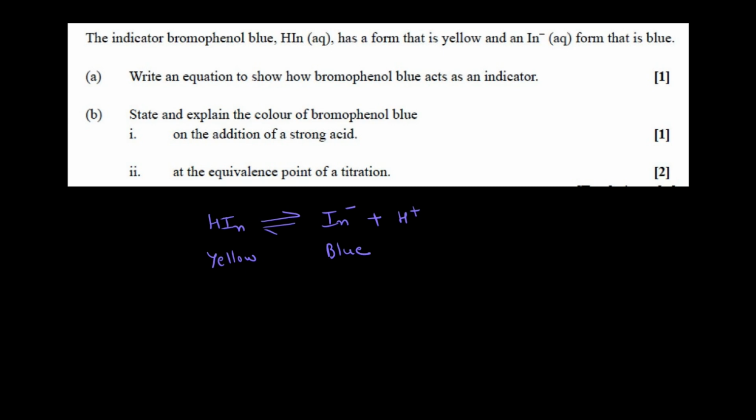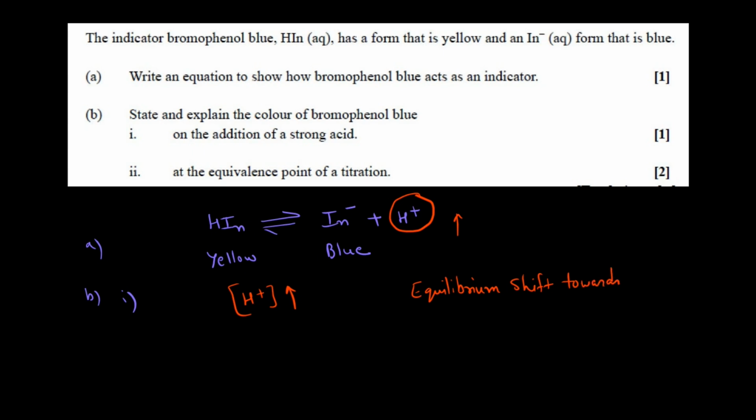Now what is the second part? The second part states that on the addition of a strong acid, H plus ion concentration will go up, because a strong acid will dissociate completely to give H plus ions. So when the H plus ion concentration goes up, this equilibrium will shift towards the left, and when the equilibrium shifts towards the left, we will get a yellow color.